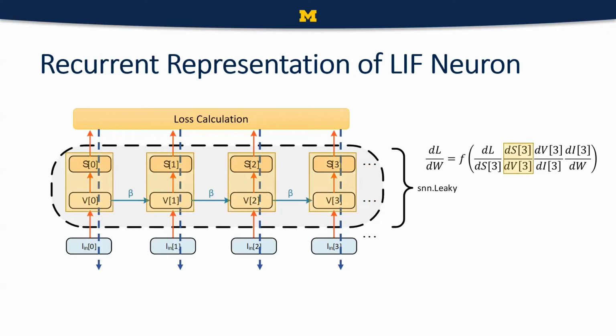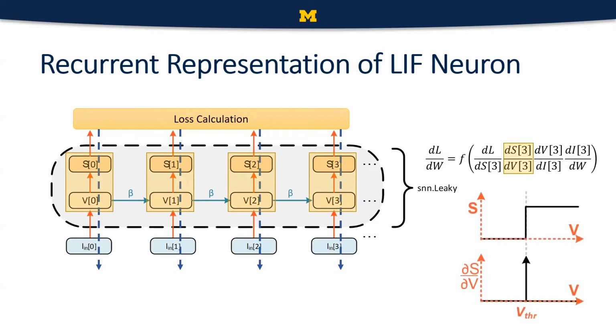Now, consider that point I alluded to earlier: the derivative of our spike with respect to the voltage. You remember that thresholding problem? If our voltage is greater than the threshold, we get a spike, S equals 1. If it's below, S equals 0. If we take the derivative of that, it's 0 everywhere except at the threshold where it's infinite, a Dirac delta.